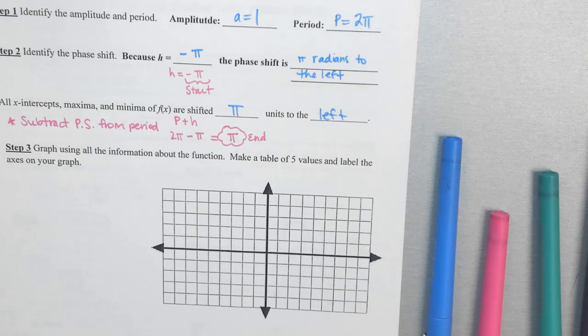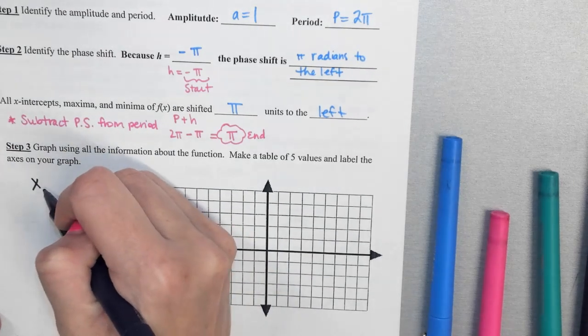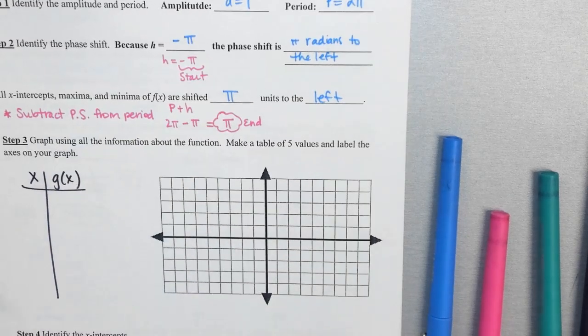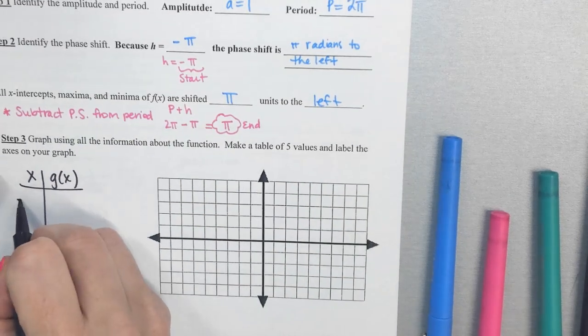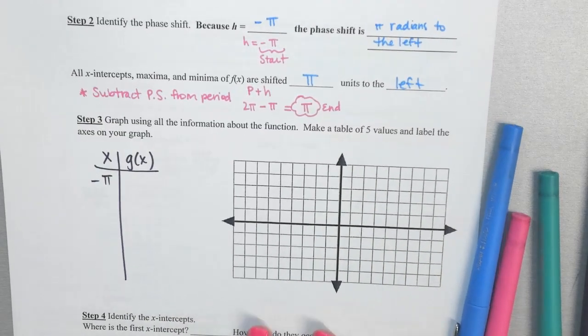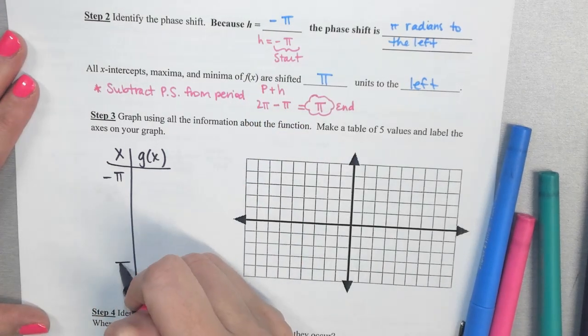Okay, so let's make this table. So it's x and g of x. Okay, so you're going to start at negative pi. So you start at your h. We've already calculated the n, so that's going to be pi.